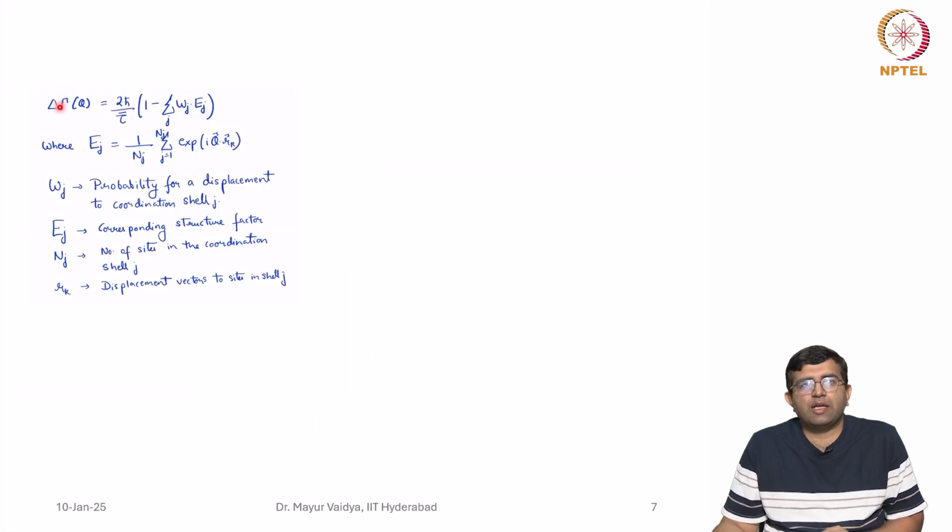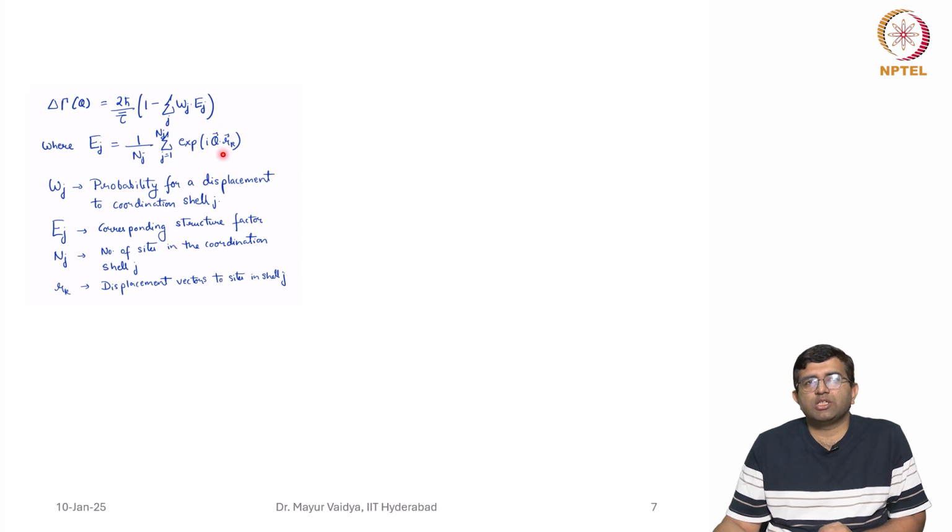This delta gamma is further written as 2 h bar by tau bar multiplied by 1 minus sum of Wj Ej, where Wj Ej is equal to this relation, which basically describes the orientation between q and r.